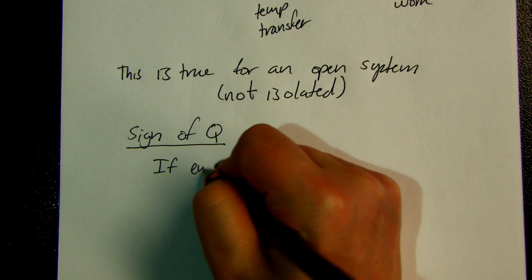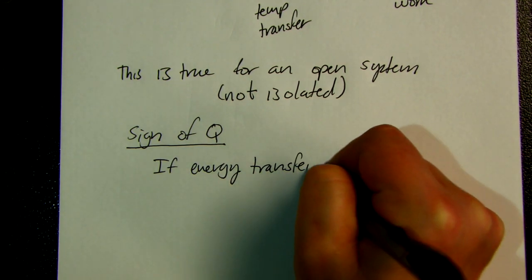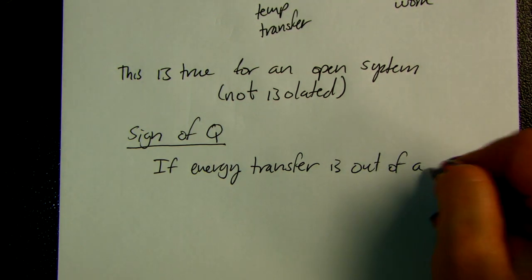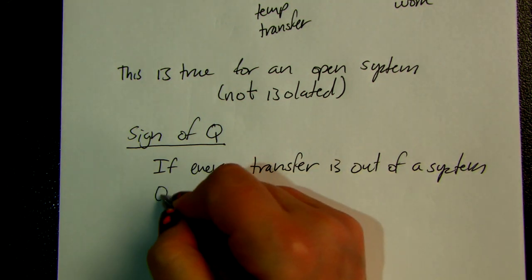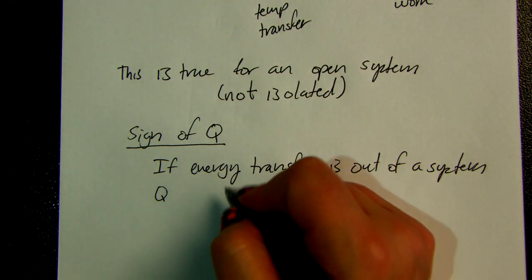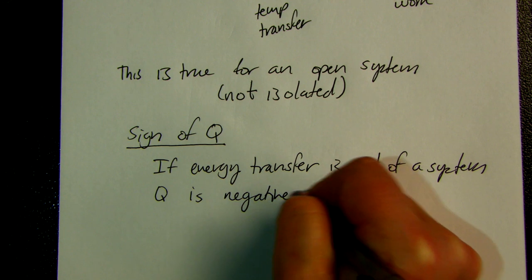All right, so if energy transfer is out of a system, either you're appreciating these or you're worried about my sanity. Out of a system, Q is negative.